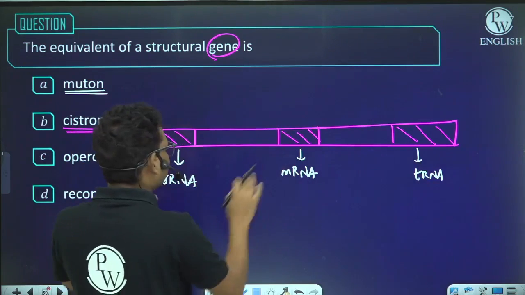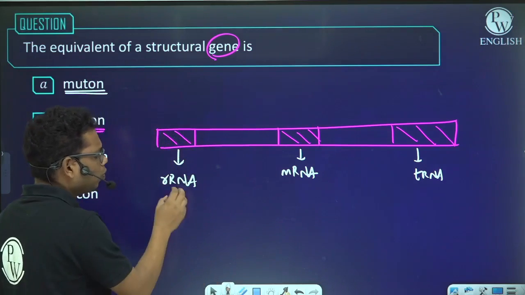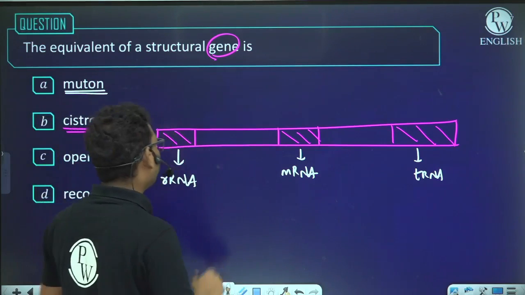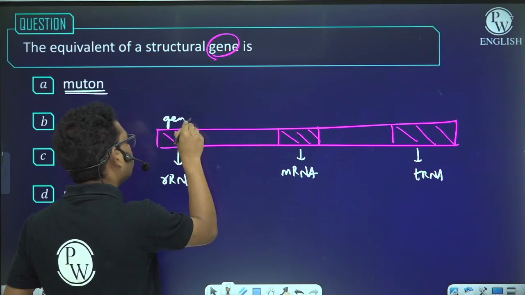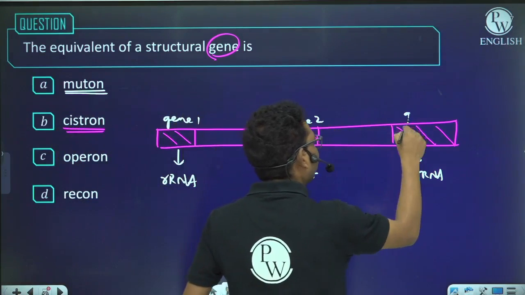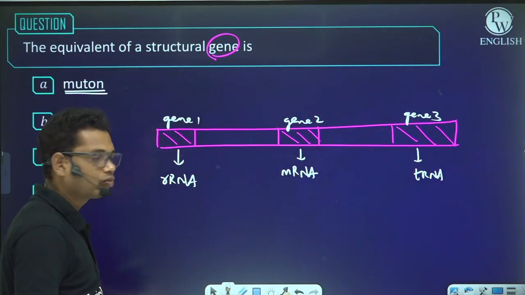So these are the segments of DNA, and they have functions. What is their function? To produce different RNAs. So they are said to be genes. Suppose this is gene 1, this is gene 2, and this is gene 3. So what is a gene? A gene is basically a functional segment of genetic material or DNA.